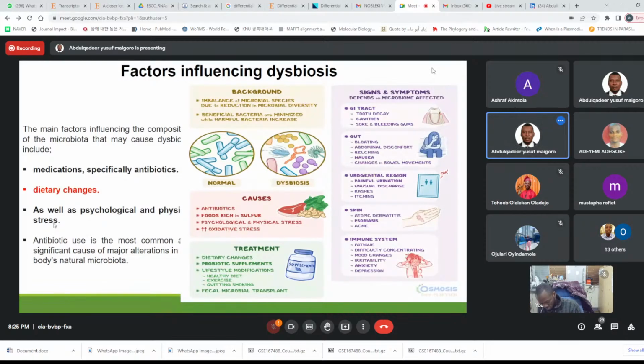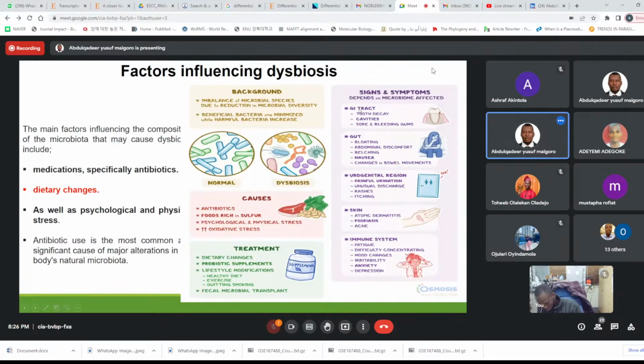So these are some of the signs and symptoms that might make you think, okay, our microbiome has been affected. One of them is GI tract. GI means gastrointestinal tract. Usually we have diarrhea and all that. And it has been reported that for some of the brain diseases, one of their essential symptoms is GI tract symptoms.